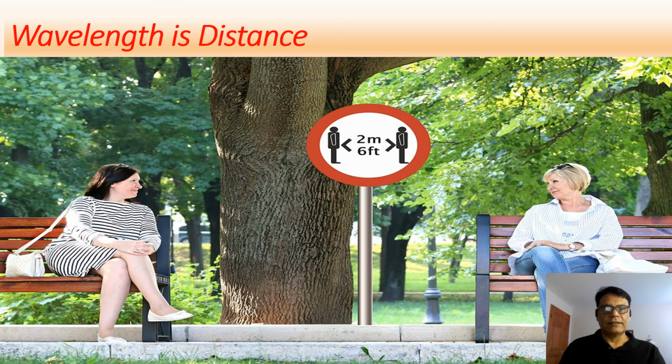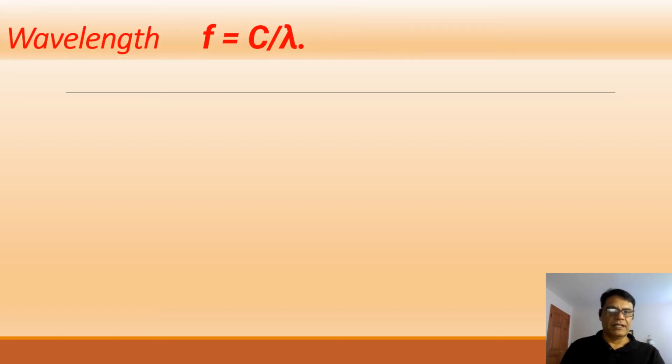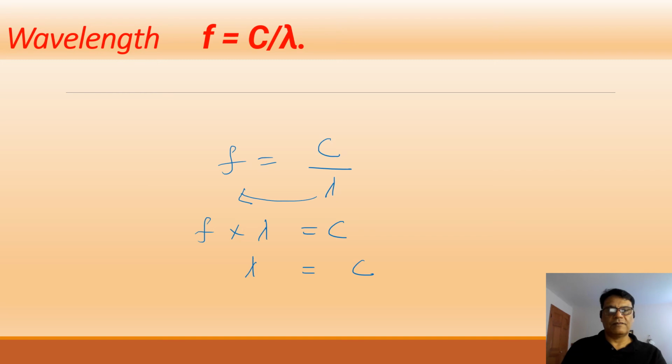Wavelength is a distance, and it is measured in millimeter, meters, feet, inches, and you can also derive the formula of wavelength by this. Take wavelength on this side. Wavelength is equal to C, and now bring it back, C over F. So wavelength is equal to speed over frequency.